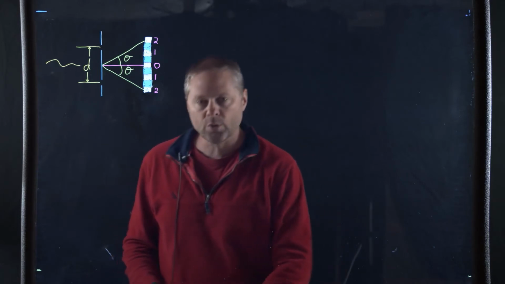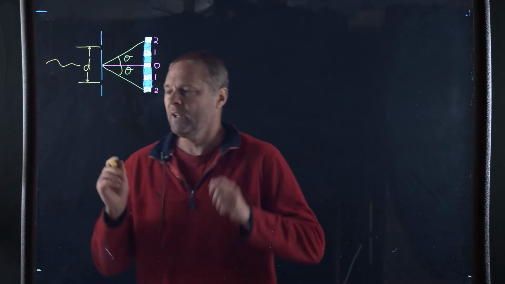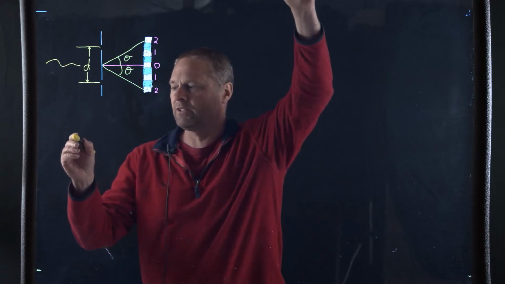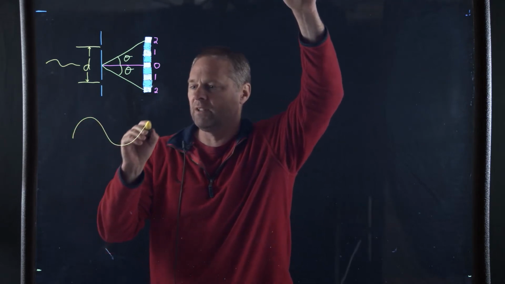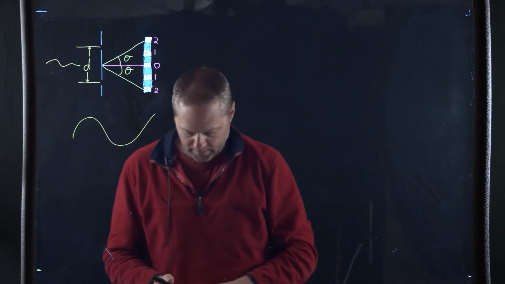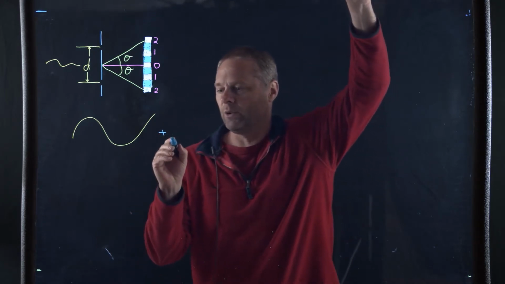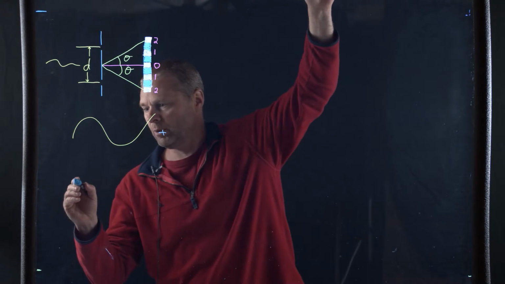Now, if you go back to superposition, if we have two light sources, so we can have this light source, and likewise, we can have another light source, and I'll draw it below it.